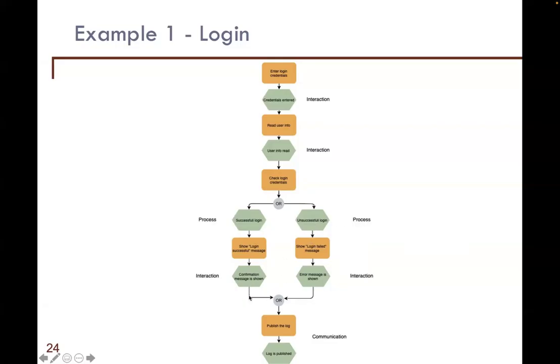And then confirmation message is shown, it's an interaction event because we display something on the screen. And then error message is shown, is again an interaction event. And then we publish the log, which is a communication event as we send something to the event log. So this is how we count the size in this small example.